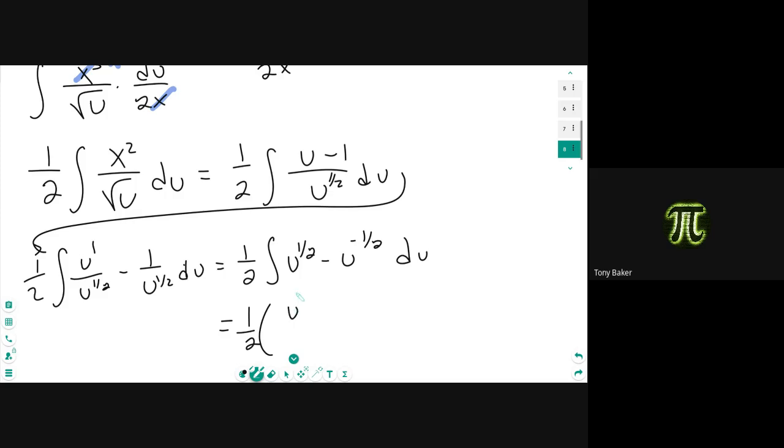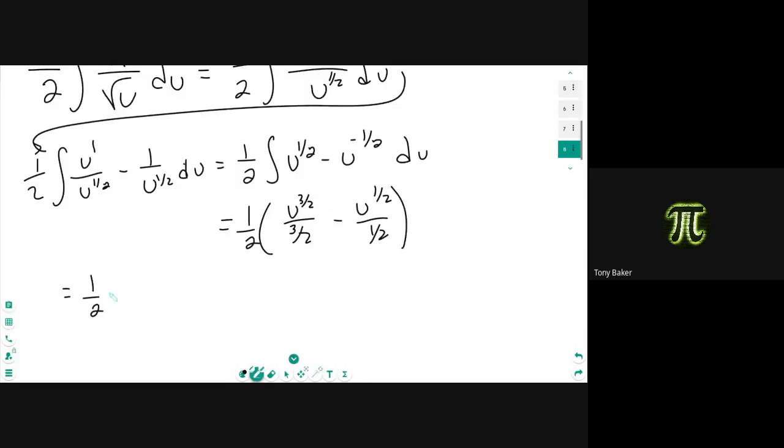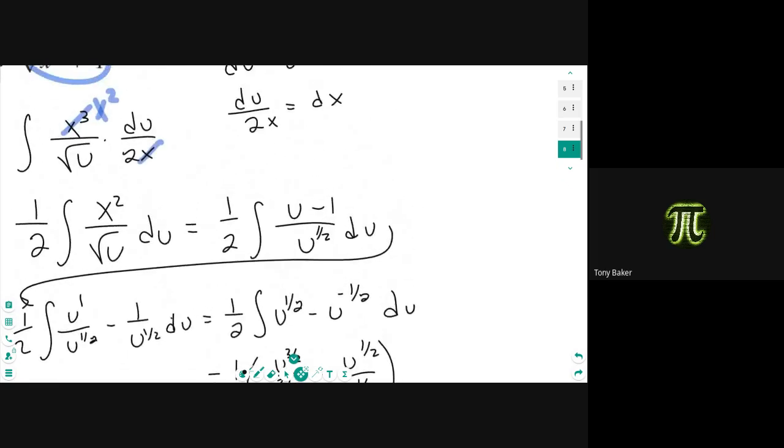So that becomes u to the 3/2 over 3/2 minus u to the 1/2 over 1/2. What was my u originally? x squared plus 1.